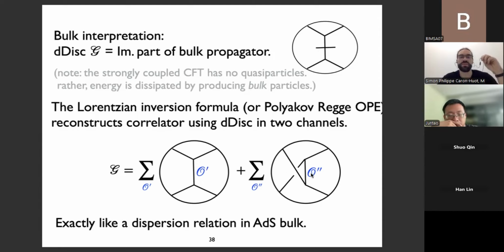That's exactly what happens. So it gives you a concrete way of calculating something that happens in the field theory. This G on the left is a CFT object, but you compute it in terms of exchange of particles in the bulk. But all of this is derived from the field theory.